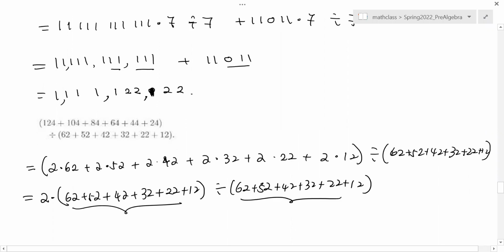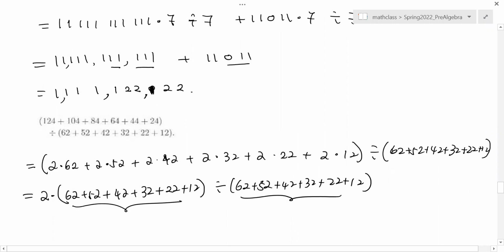This is actually divided by 1 times that, so those common factors can be canceled out. So it's divided by 1, and that's just equal to 2. So do not add all the numbers together. Now, if we want, it's easy to find out. We have a formula. We're going to talk about this later at the end, how to add an arithmetic sequence of numbers together.